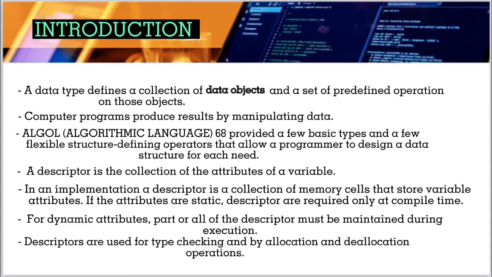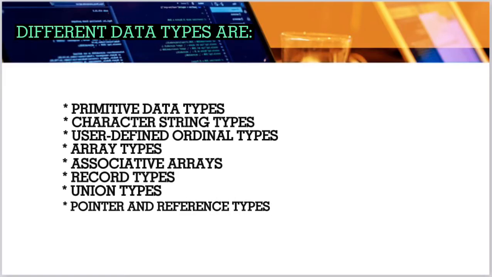There are different data types: the primitive data types, character string types, user-defined ordinal types, array types, associative arrays, record types, union types, pointer, and reference types.